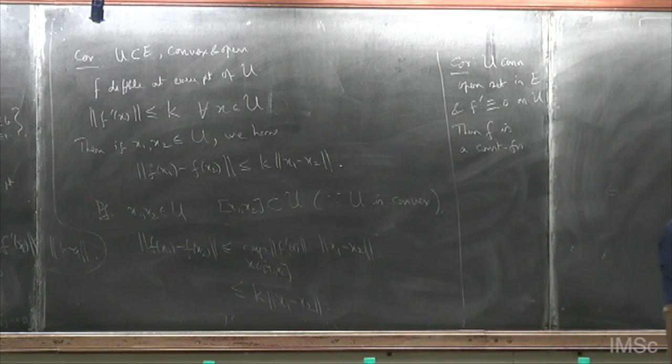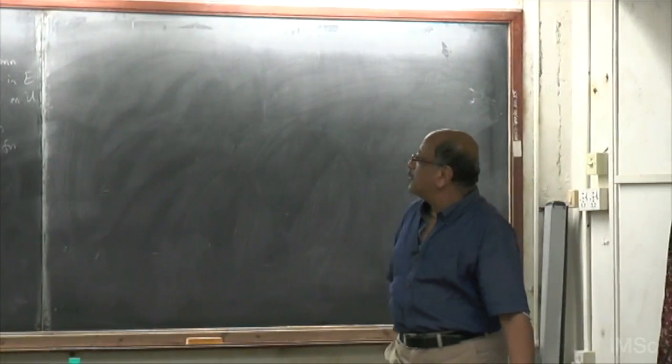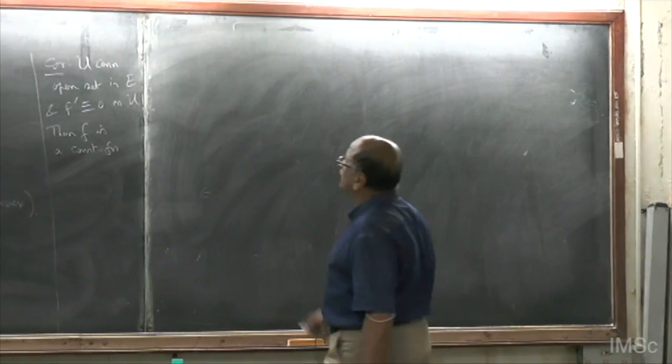This again generalizes what you know, that if the derivative of a function is 0 on a connected set, then the function is a constant. This is true even in non-linear spaces. You take a connected open set. So what is the proof of this?